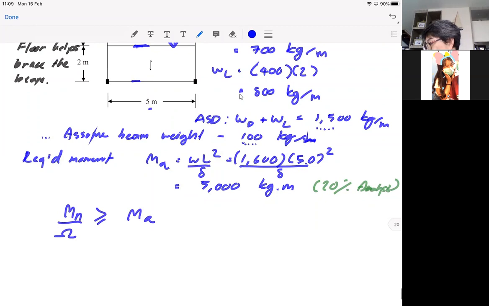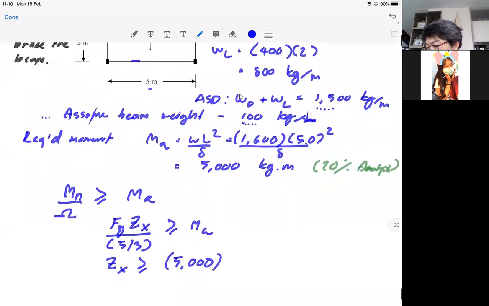Okay, and this means Fy multiplied by plastic section modulus over 5/3 should be greater than MA. Or I can just say now that my Zx has to be greater than or equal to this moment, which is 5,000.